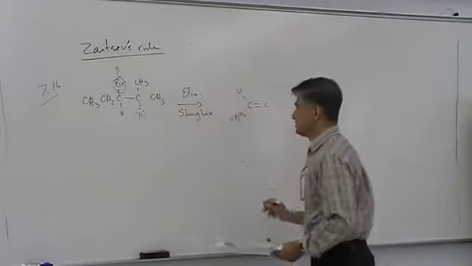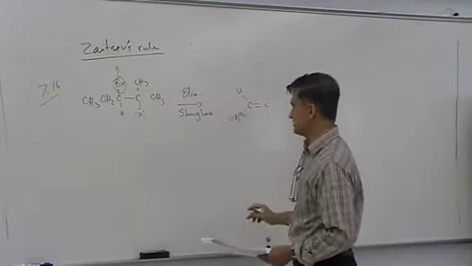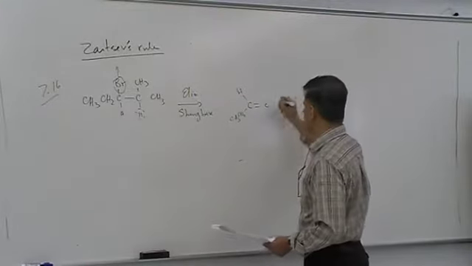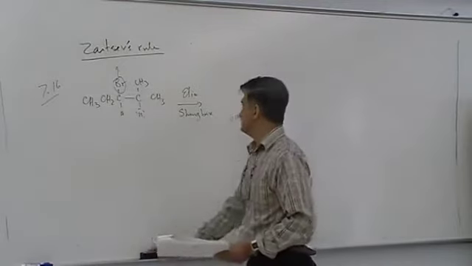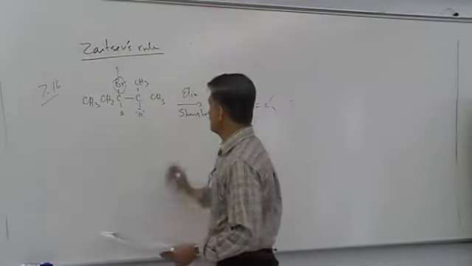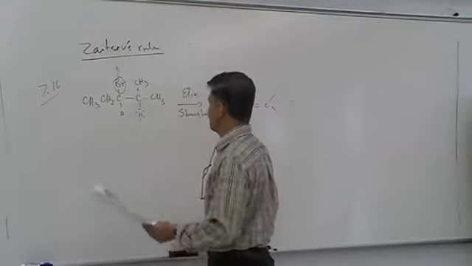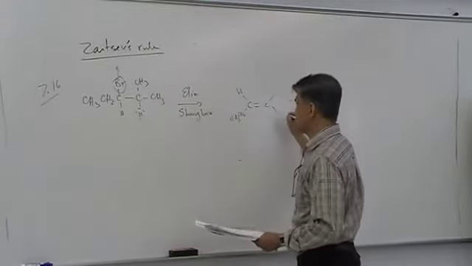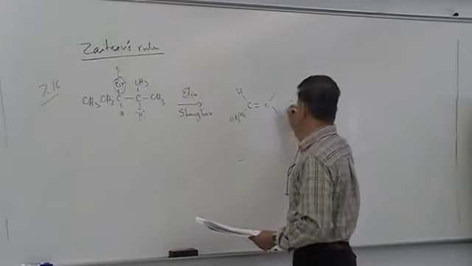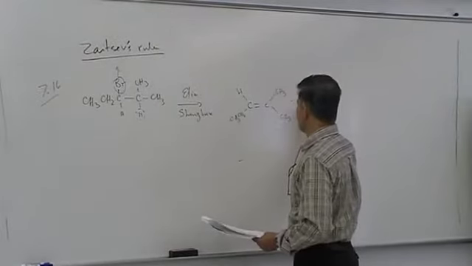This is now sp2 hybridization, so that angle is going to be 120 degrees. I think I mistakenly left out that methyl group. So that's going to be CH3 here and CH3 here. So that's one of the products.